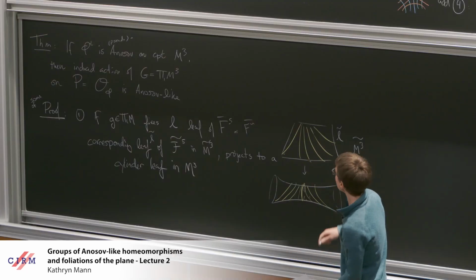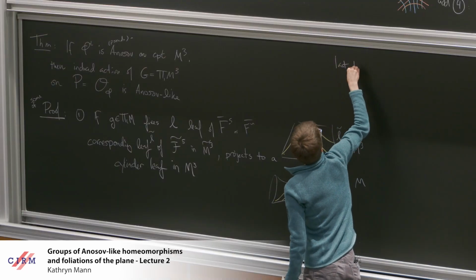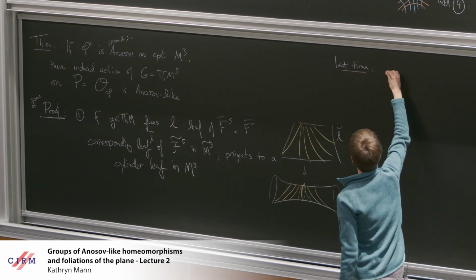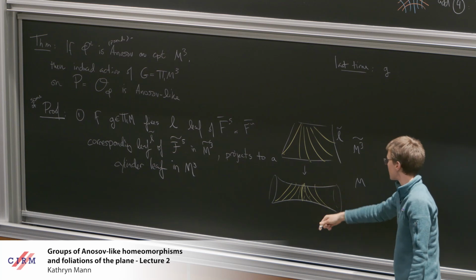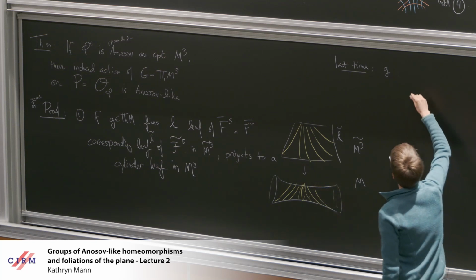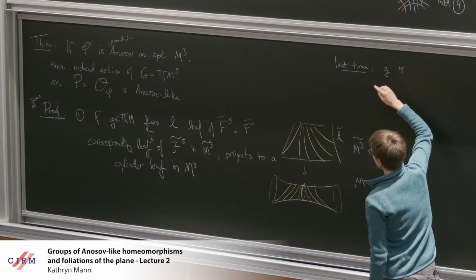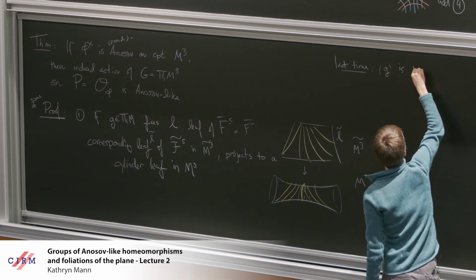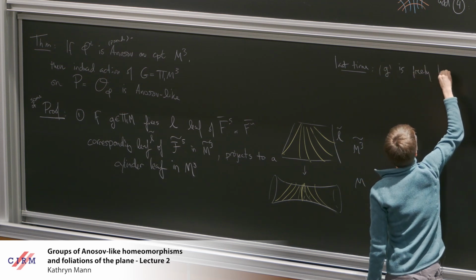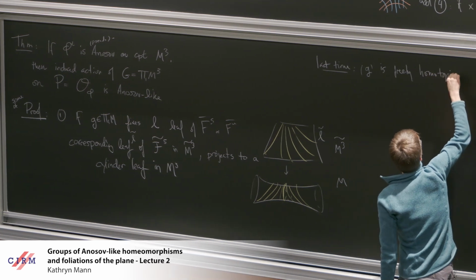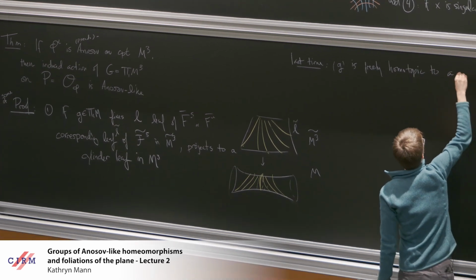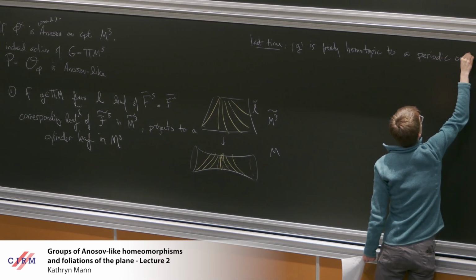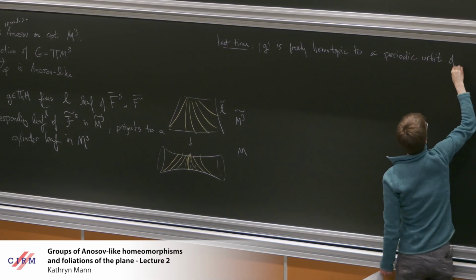So we saw last time that G, this deck transformation, or the fundamental group of the cylinder, up to choosing the right base point, is represented by, so I guess technically I should say that the class of G is freely homotopic to a periodic orbit of the flow.